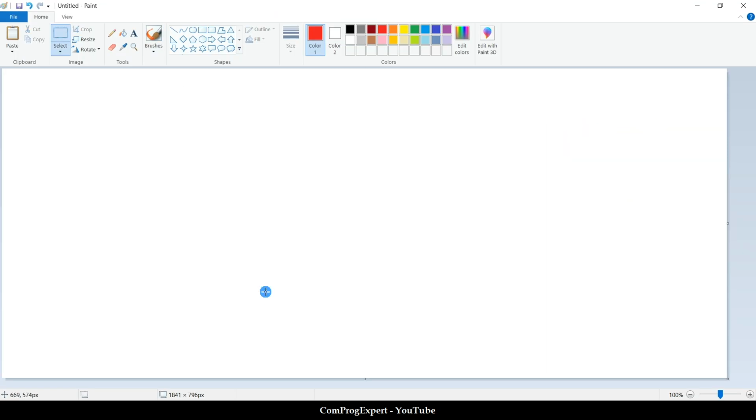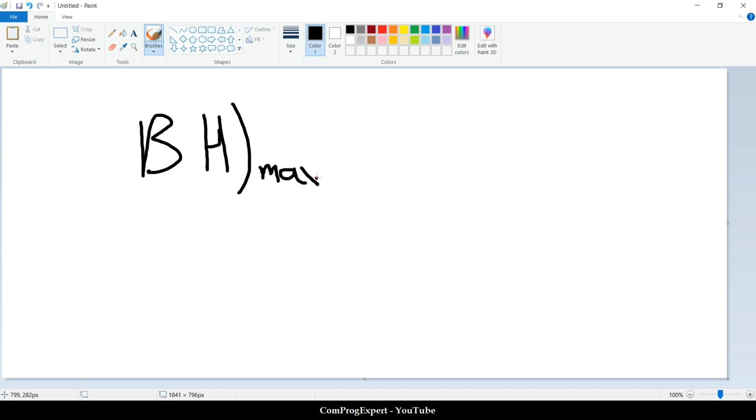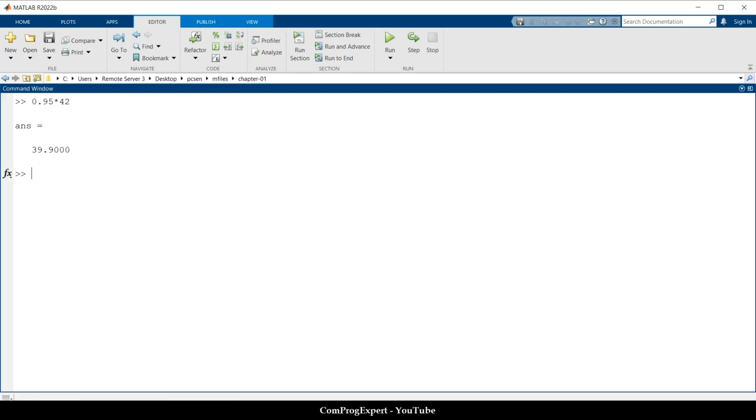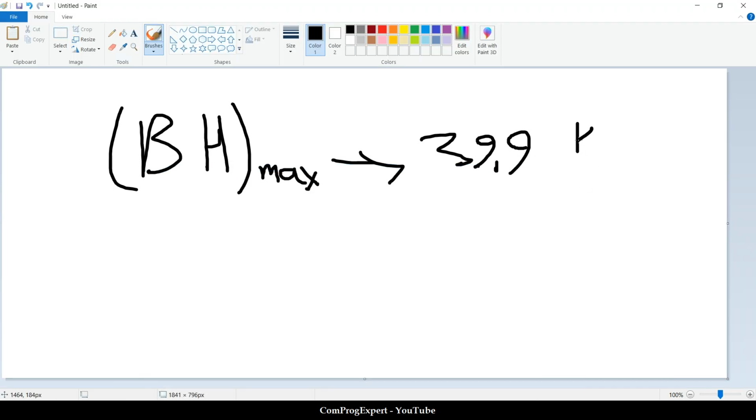This is the energy product, B times H. The maximum of this product for the alnico is 39.9, kilojoule per meter cube.